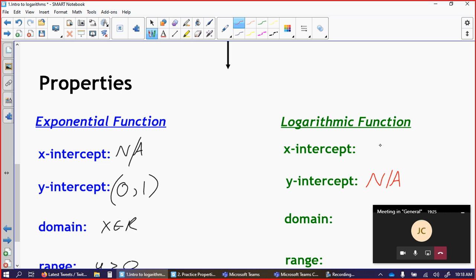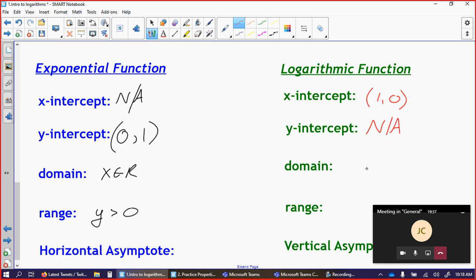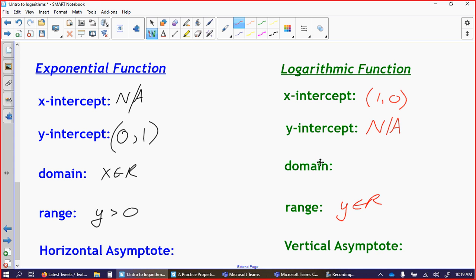This one has a y-intercept of 0 and 1, so the inverse is 1 and 0. That point is always going to be the same. The log of 1 is always 0. The domain and the range are going to interchange. So y is contained in the reals. We can have any value for y. The domain, on the other hand, is now x is bigger than 0 because we can't cross that.